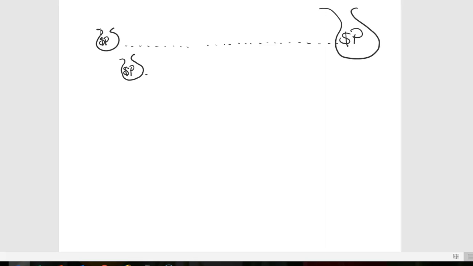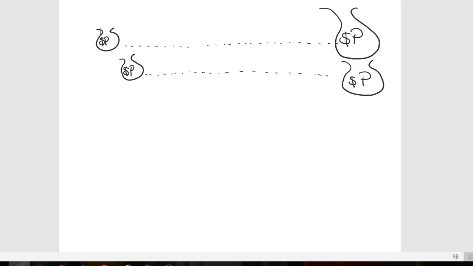Now, it's going to sit there and be compounded, and it's going to earn interest, and it's going to grow, but because it's not sat there as long as my first deposit, it will be slightly smaller.